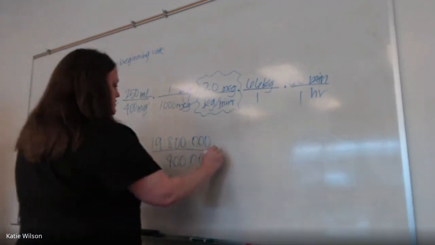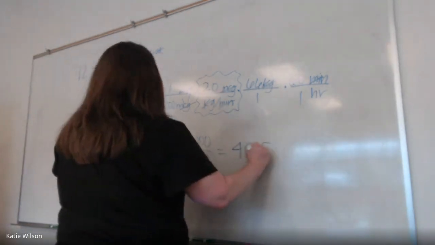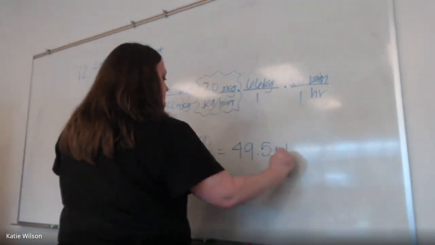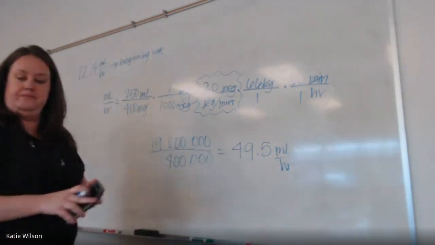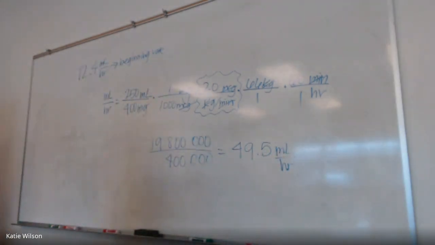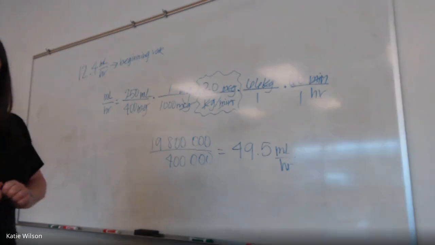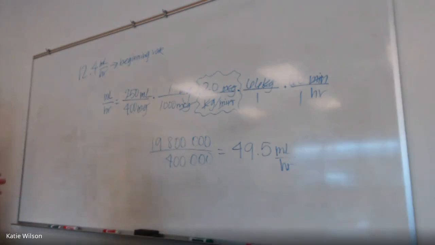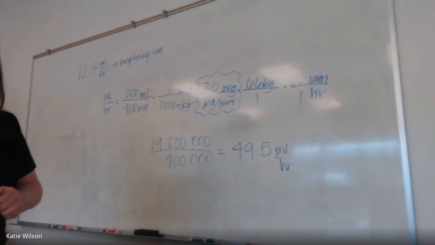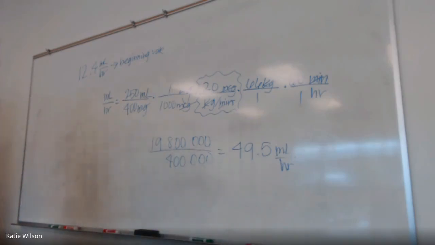And then that answer, 49.5 milliliters per hour. Okay, so that is the maximum flow rate. So if you are to give the range of milliliters per hour, it'll be 12.4 to 49.5 milliliters per hour.